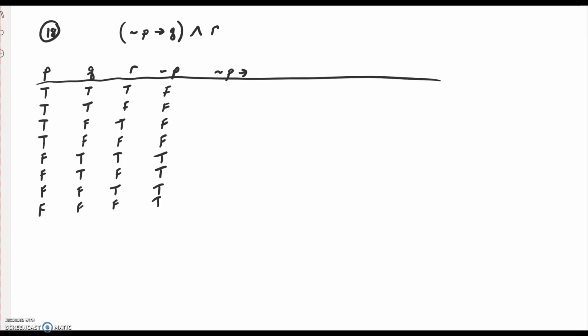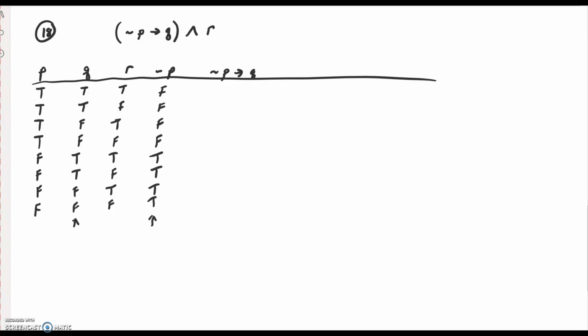If we make a promise of not P, then we're going to follow through with Q. So this is the start, and this is the promised follow through. And the way this can be a broken promise is if these guys are true and these guys are false. Otherwise, it's going to be true.